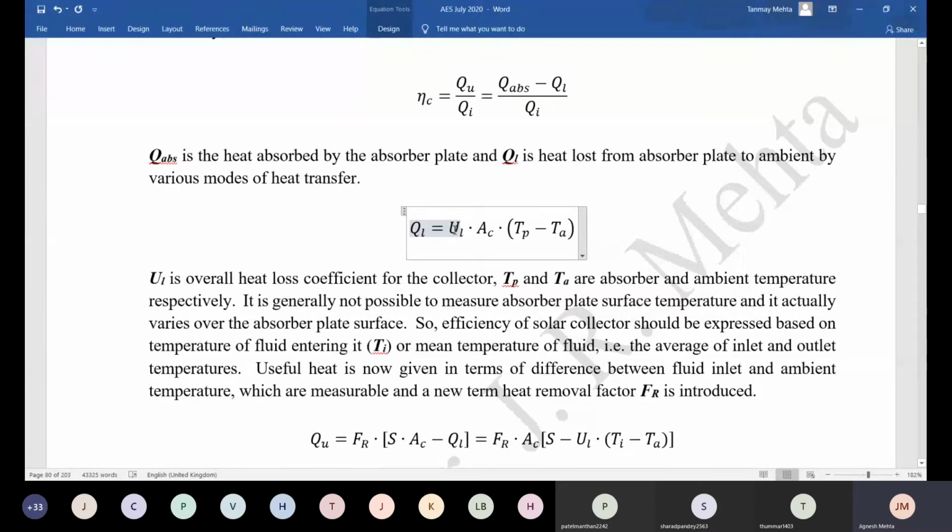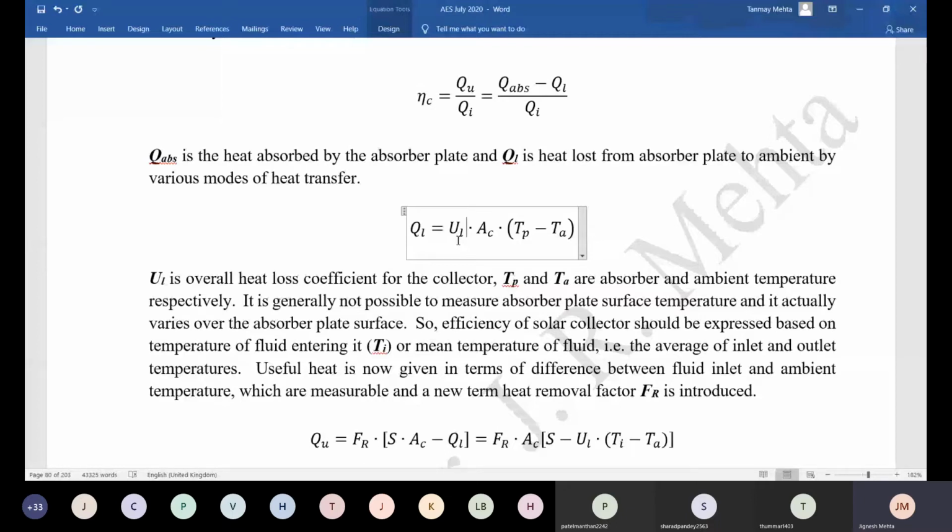Now here AC is the area, UL is not just convective heat transfer coefficient, but it is called overall heat transfer or heat loss coefficient, U suffix L, L is for loss. So it's overall heat loss coefficient for the collector, and you are representing all different modes of heat transfer with a single equation, this equation, right?